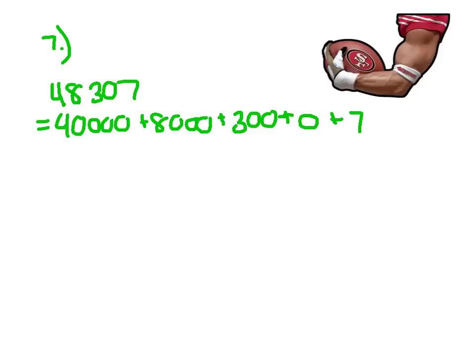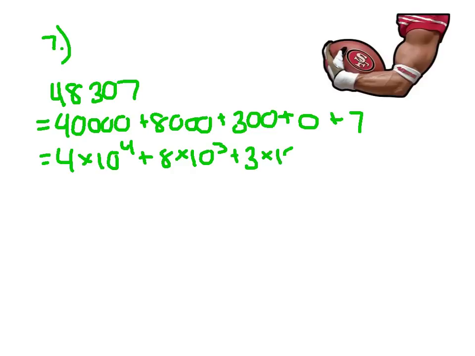Now here you want to rewrite this in scientific notation for each of those numbers. So we're going to have 4 times 10 to the 4th plus 8 times 10 to the 3rd plus 3 times 10 to the 2nd plus 0 times 10 to the 1st plus 7 times 10 to the 0 power.